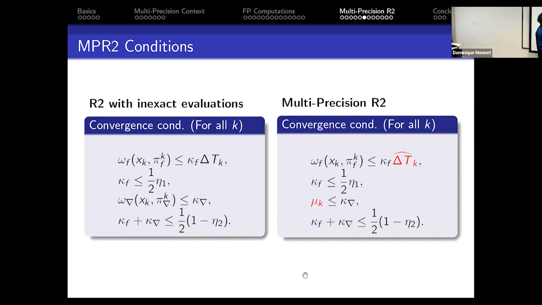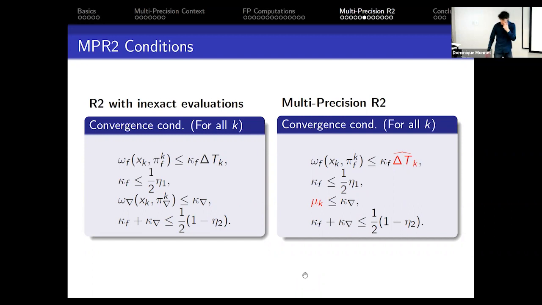And this is now my new conditions, when I consider inexact candidate computation and inexact model decrease computations. If we look at them, they look pretty similar. That's good news: I can just replace this condition with my inexact model decrease. So it's pretty straightforward. It's the same except for this guy.